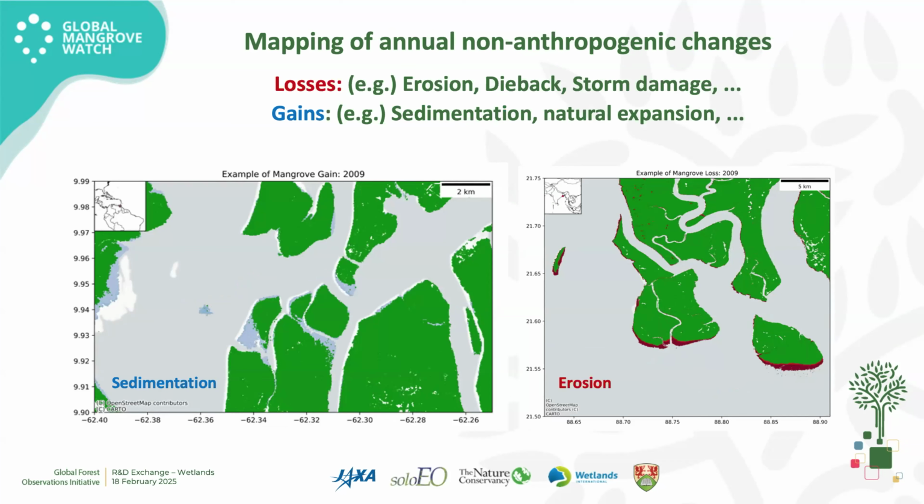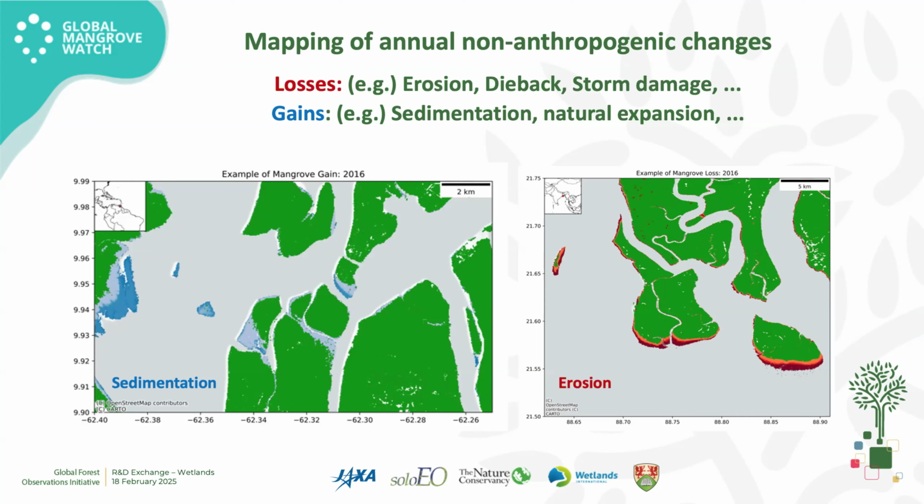We're also mapping non-anthropogenic changes. That could be losses due to erosion or dieback, storm damage. But we're also mapping gains. For instance, on the left side, you have an example from the Orinoco Delta, where you have sedimentation coming from the river sediments, and mangroves colonizing.